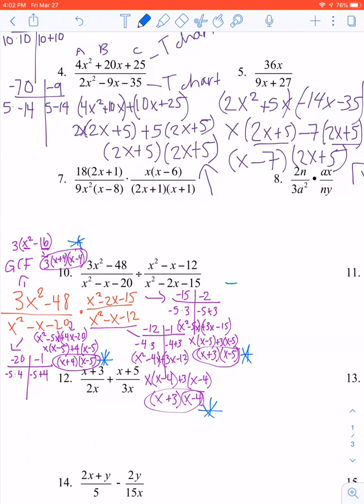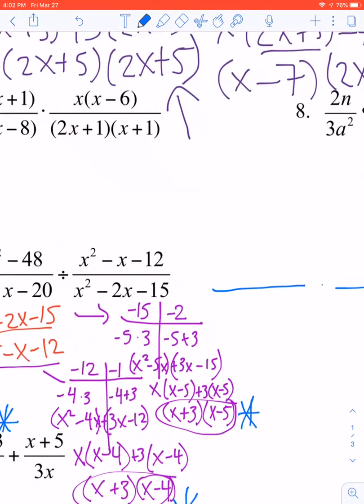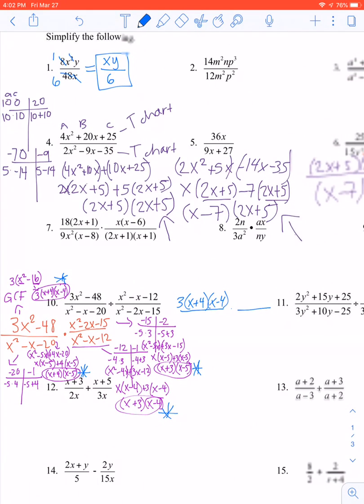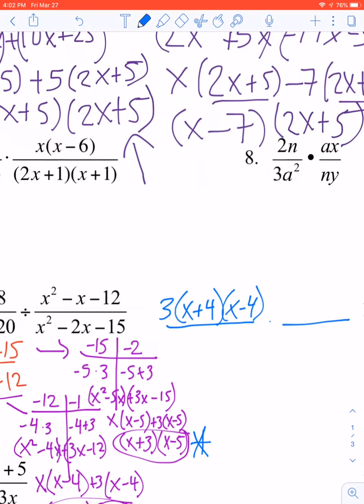Okay, so we have a new set of fractions, something times something. We're going to zoom in. The top is going to be 3 times x plus 4, x minus 4. The bottom is going to be over here, our second star, x plus 4, x minus 5.